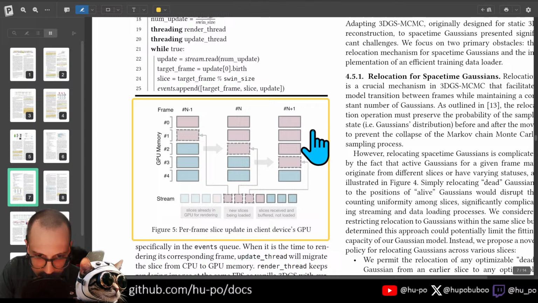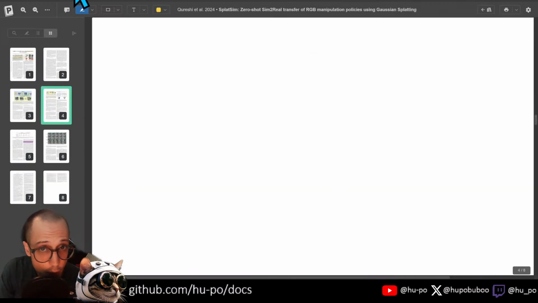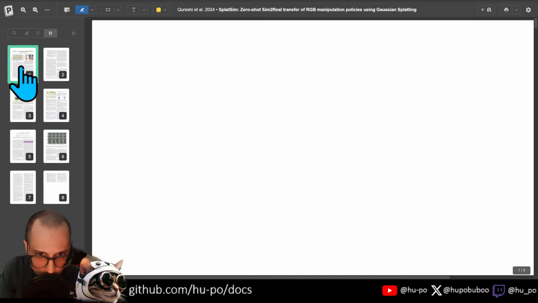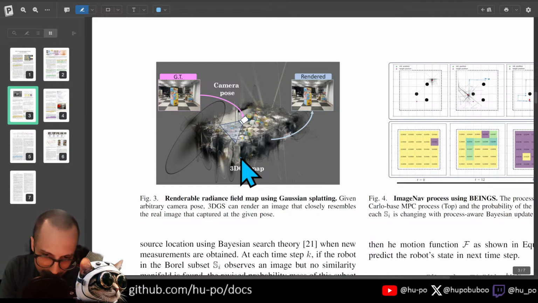And we can actually skip forward here. This is what's actually happening on the client device GPU. So this would be the actual VR headset, or it could be the robot, right? You can imagine a situation where a robot is navigating a world, and that world exists as a splat in some kind of cloud computer, right?